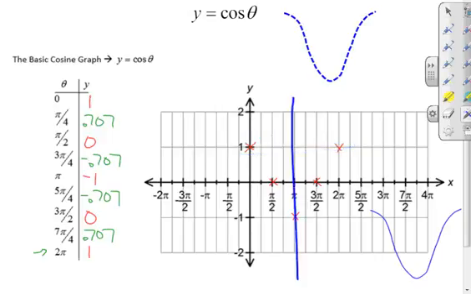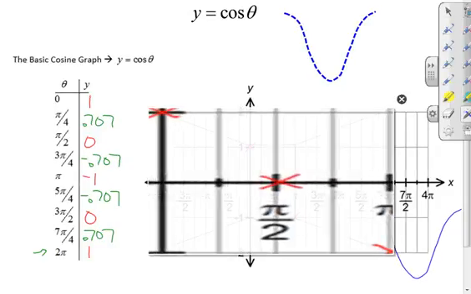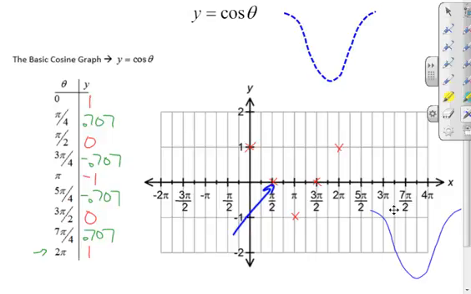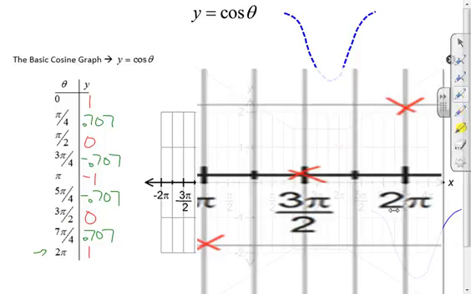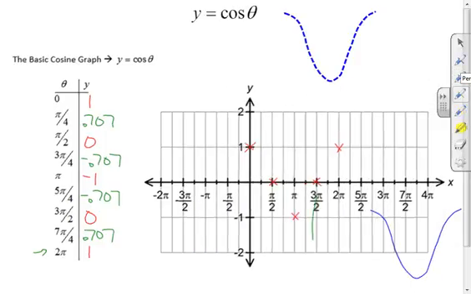In the middle of that, you're seeing that the output is negative 1, okay? And in the left quarter of that, you're seeing that the output is in fact 0. And in the right quarter of that, you're seeing that the output is 0 again.